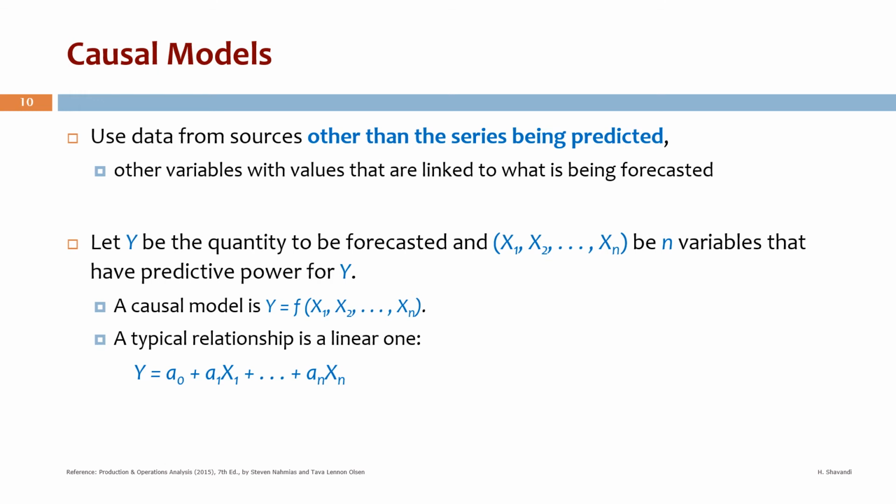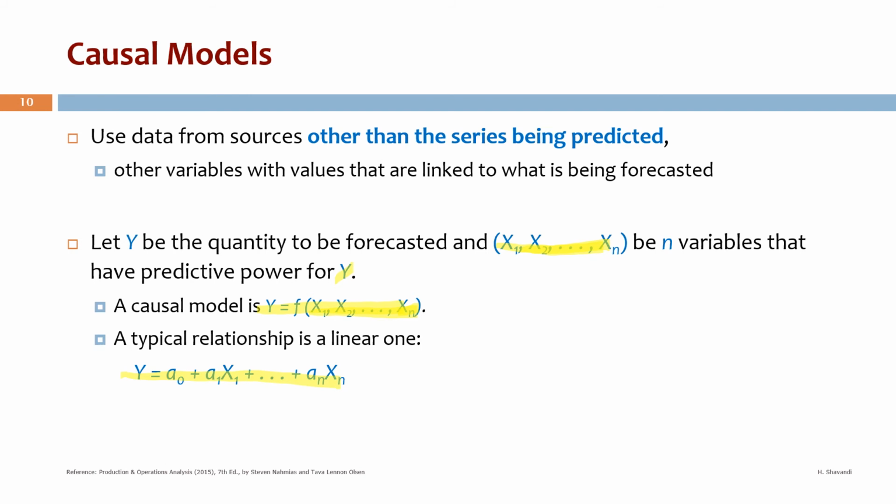Usually we consider the forecasted variable as y, or response variable, and the independent variables are shown here by x1, x2 up to xn, and we will have a relationship between the independent variables and the dependent variable, which is our forecasted variable. So y should be represented as a function of the independent variables, and a typical function here is a linear one like this.